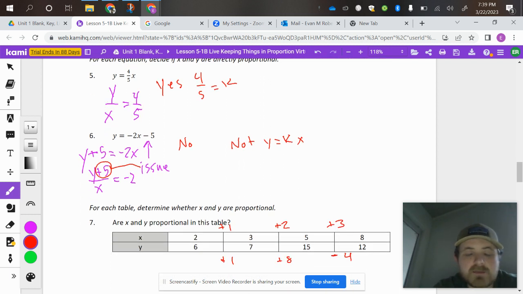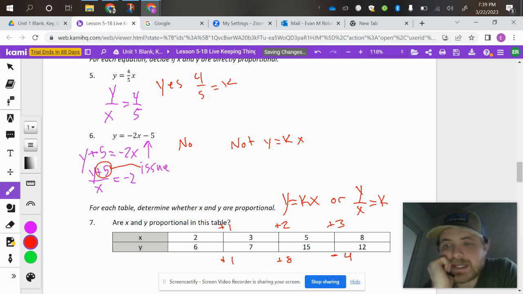So again, looking here, are x and y proportional? We either want to have it as y equals kx or y over x equal to k. Whatever makes the most sense in your given situation is what you want to look at.